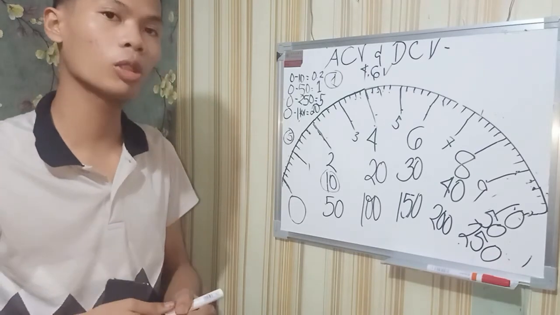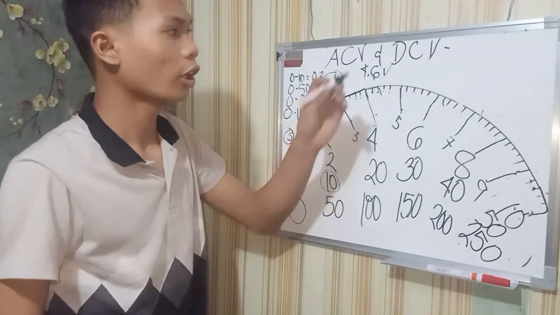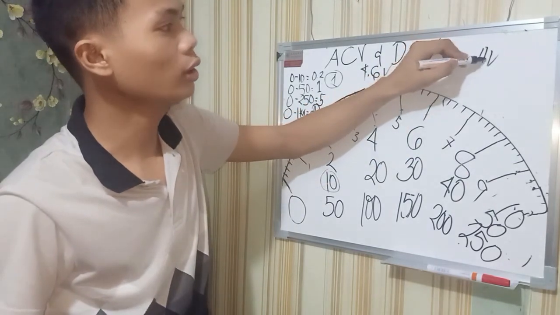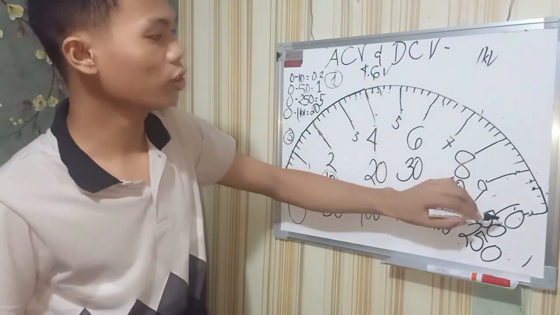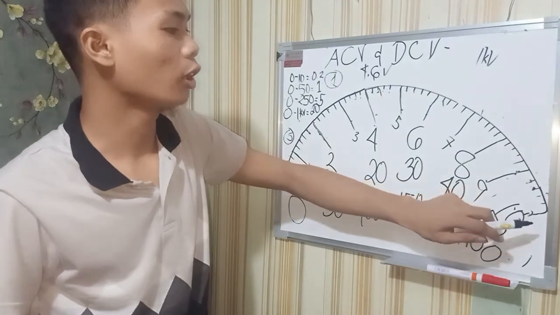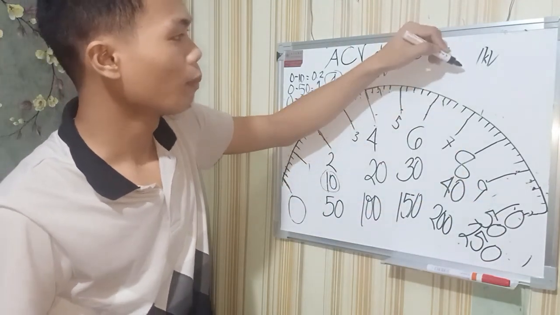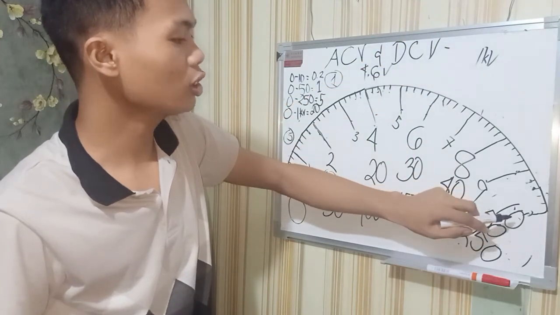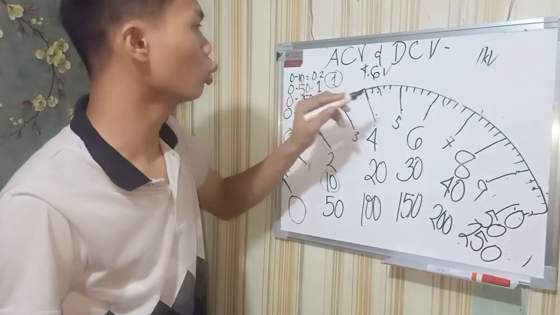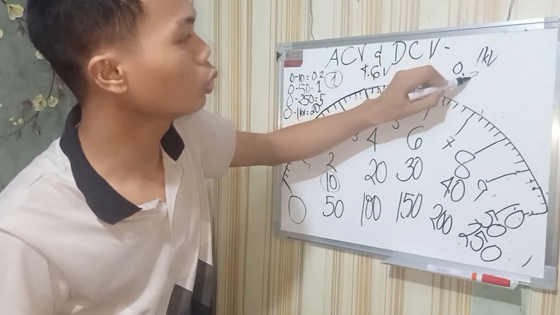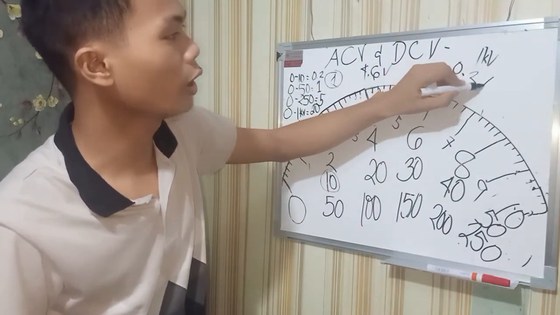In many multimeters there is an equivalent 1,000 volt, or 1 kV. Since in the scale there is no 1,000, we multiply. Since 10 is 0.2, we multiply 0.2 by 100.